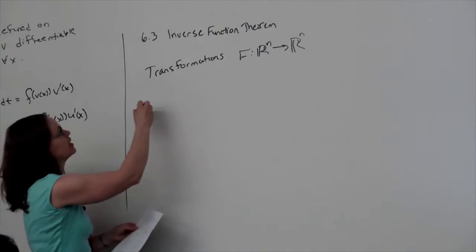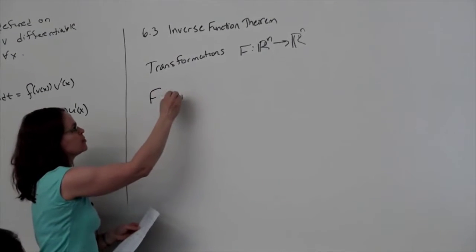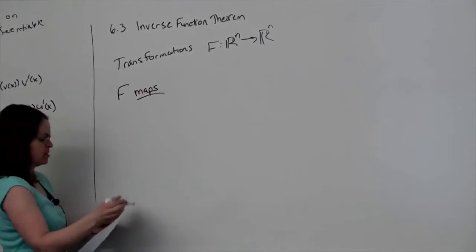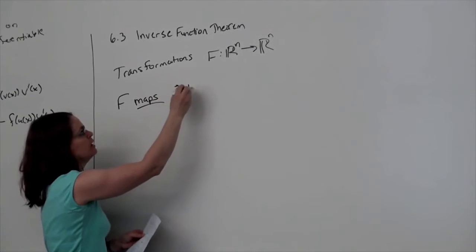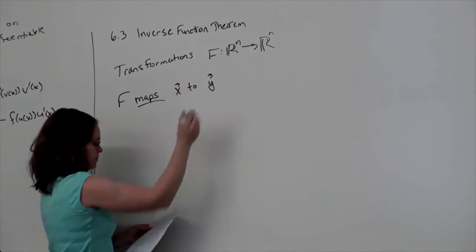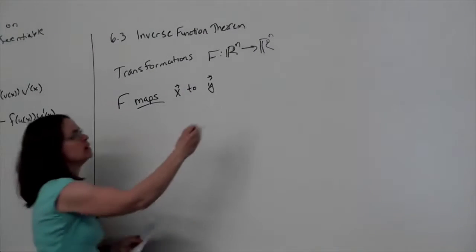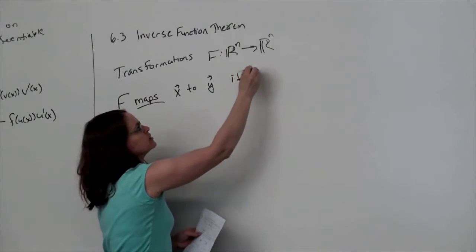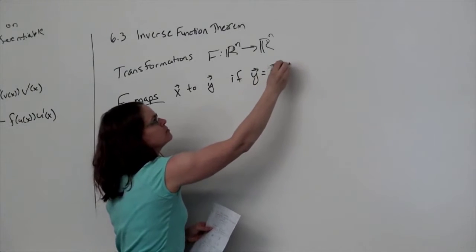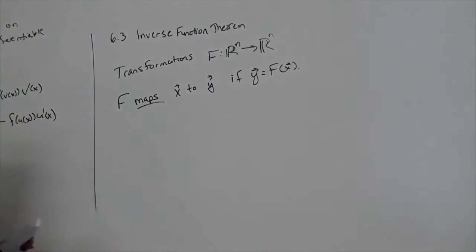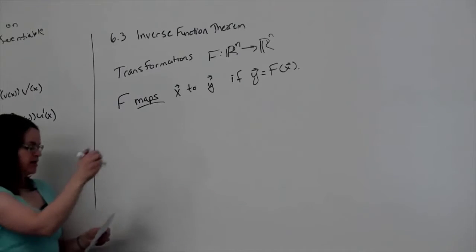All right, and what are we going to say? Let's build up some terminology. F maps x to y if y is equal to f of x. And we'd say that y is the image of x.